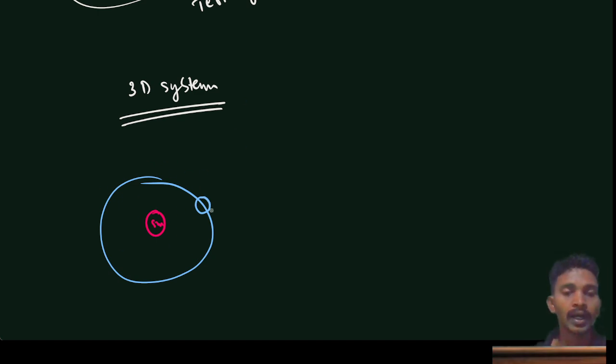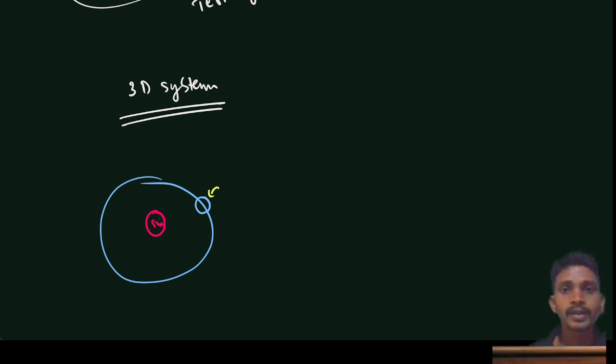The earth first rotates itself, and after that it revolves around the orbit of the sun. Whenever the earth rotates there is some angular momentum, and whenever it revolves around the sun there is another angular momentum.